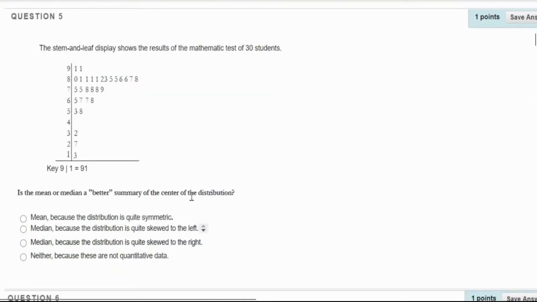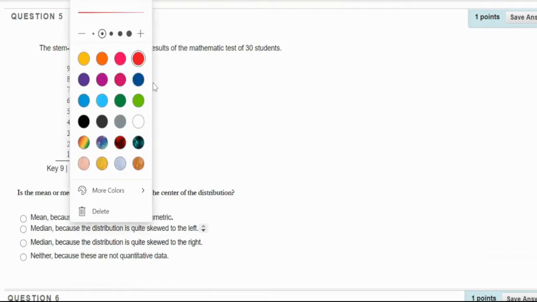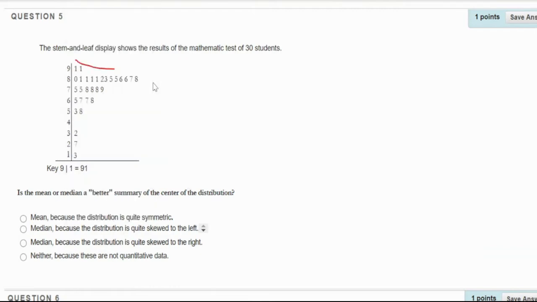Okay, now question 5 is a nice one, right? Usually when we do a stem and leaf, we arrange from smallest to highest, but this has been arranged from highest to smallest, which is still okay. So this is like some kind of a bell curve we have to do.